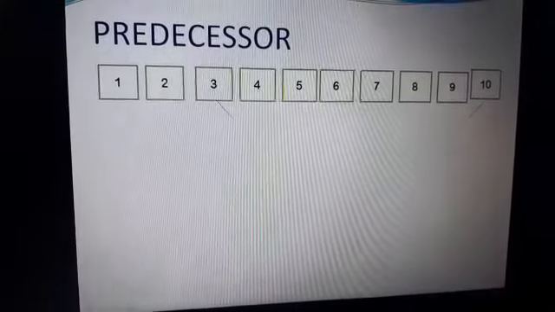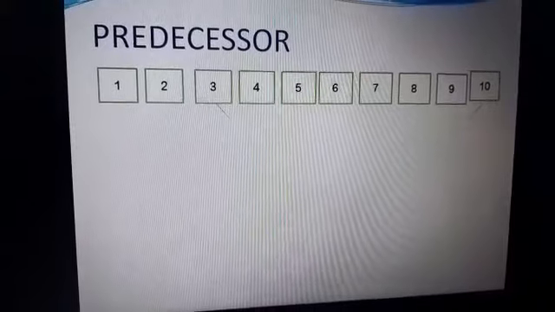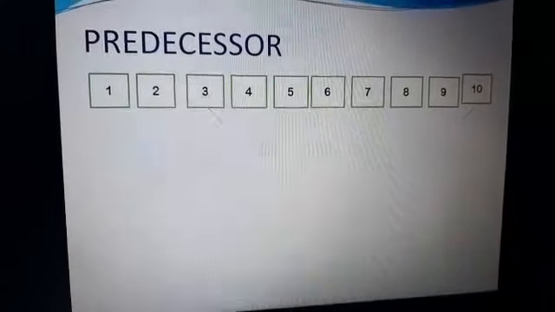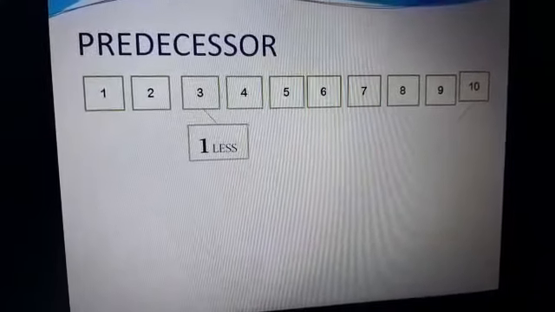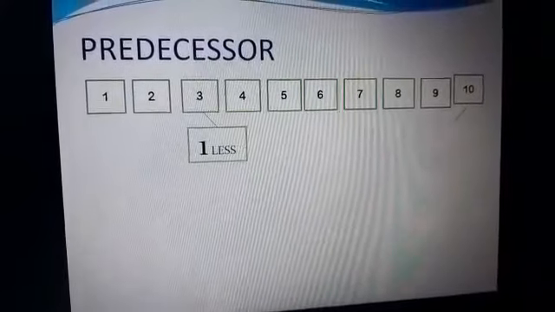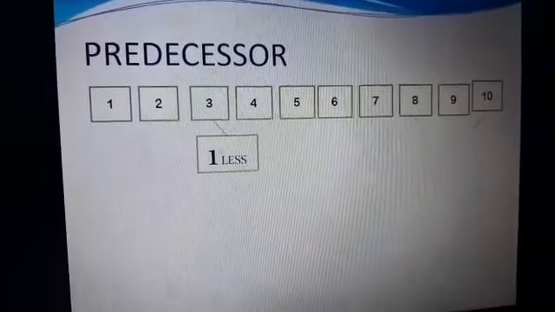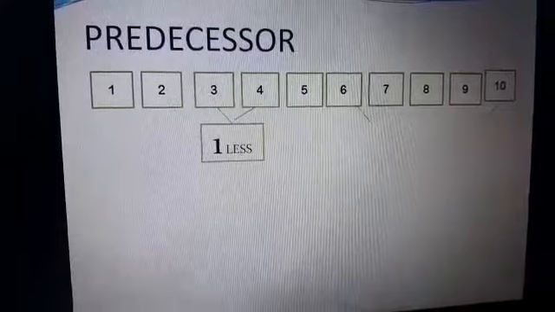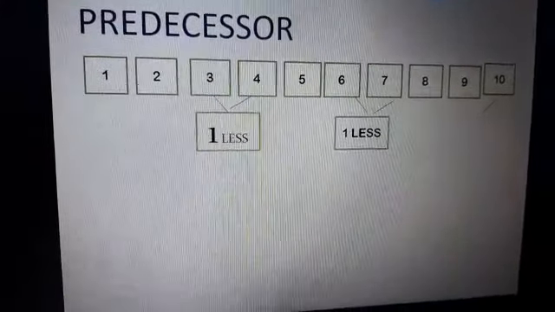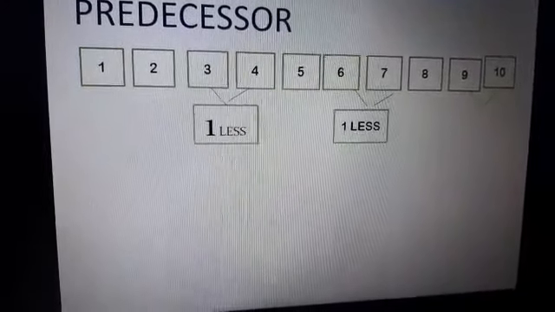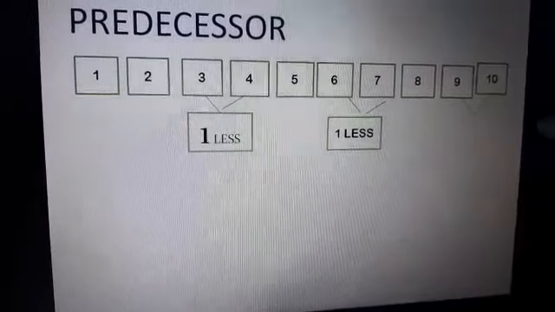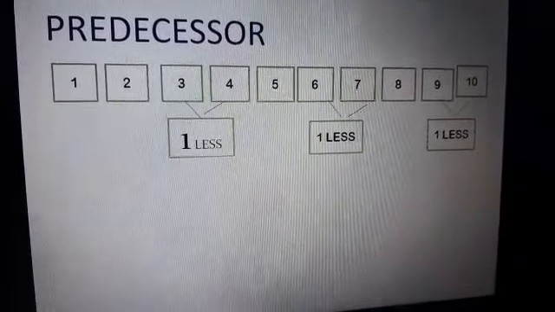What we have learned from it, that if you see here number 3, 3 is 1 less than 4. What about number 6? Number 6 is 1 less than 7. What about number 9? Number 9 is 1 less than number 10.